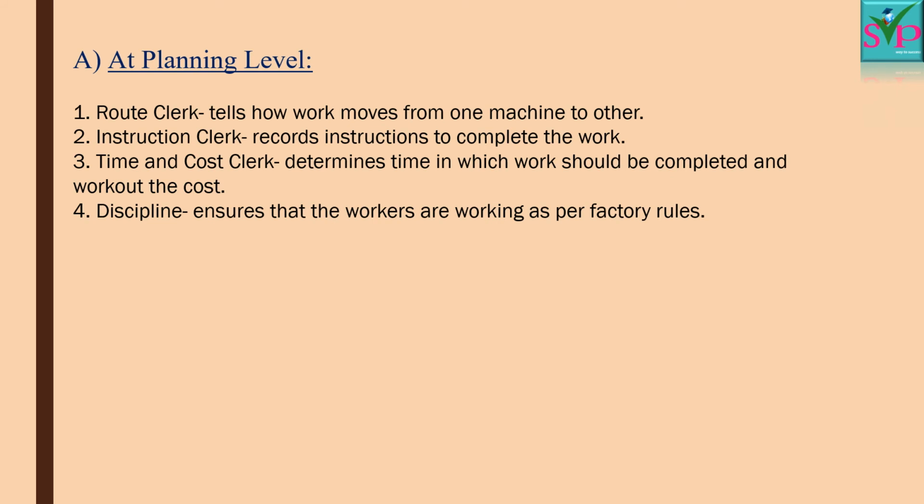Instruction clerk will record instructions to complete the work. Time and cost clerk will determine time in which work should be completed and work out the cost. Discipline supervisor will ensure that the workers are working as per factory rules.